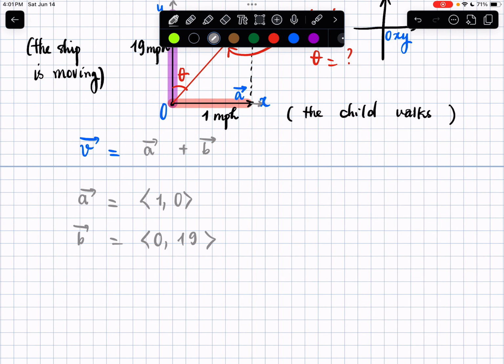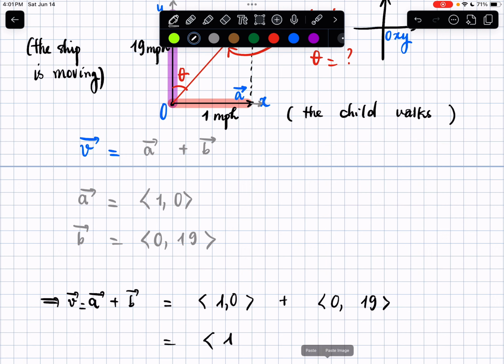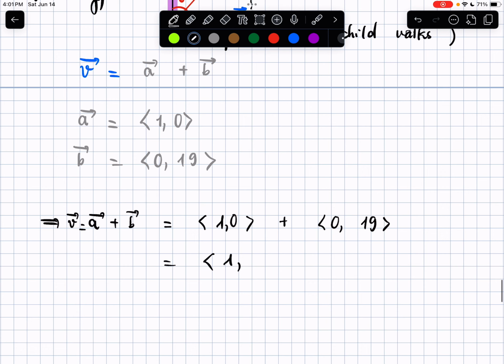Vector V is the sum A plus B, which is 1, 0 plus 0, 19, which is 1, 19.